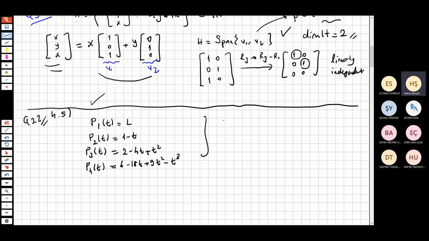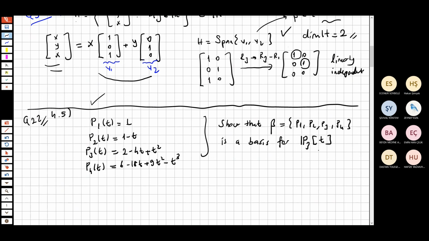So show that beta, including P1 to P4, is a basis for the polynomial space, if you remember.